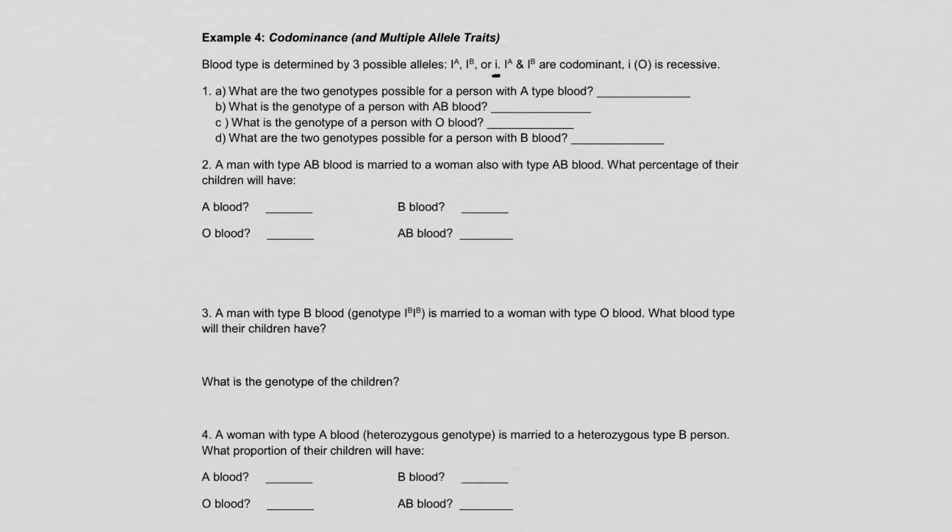So the 2 genotypes possible for a person with A-type blood would be homozygous dominant or heterozygous, but not with B. It would be with the I, this lowercase i. So for AB blood, it would have to be this combination.